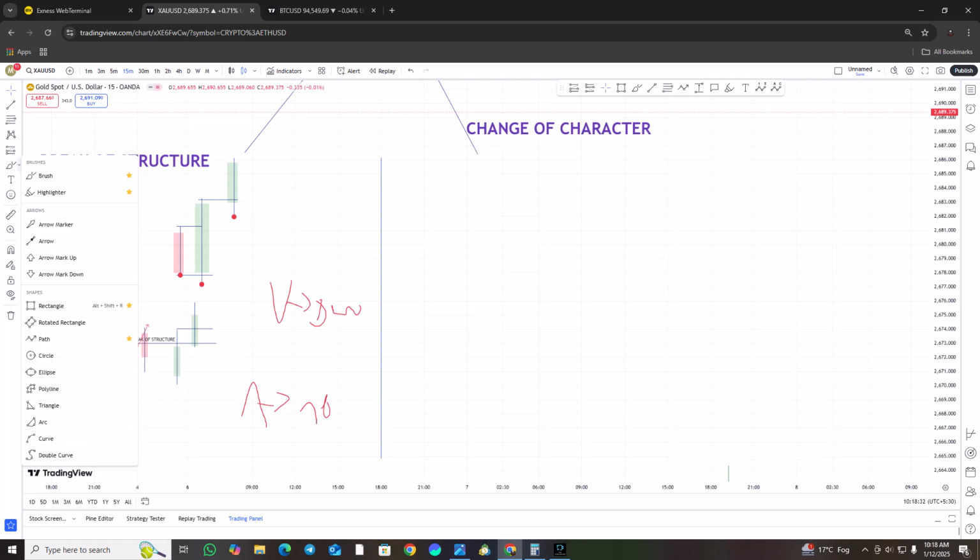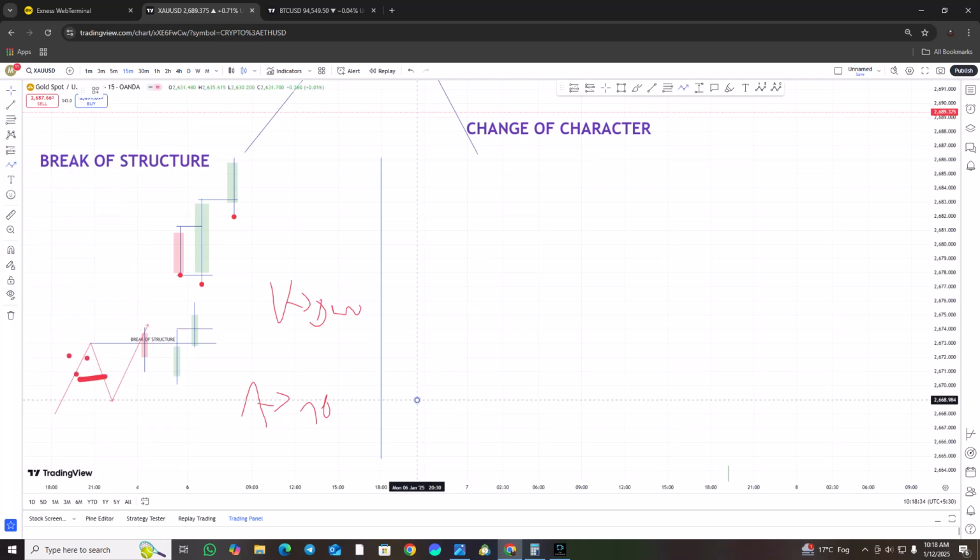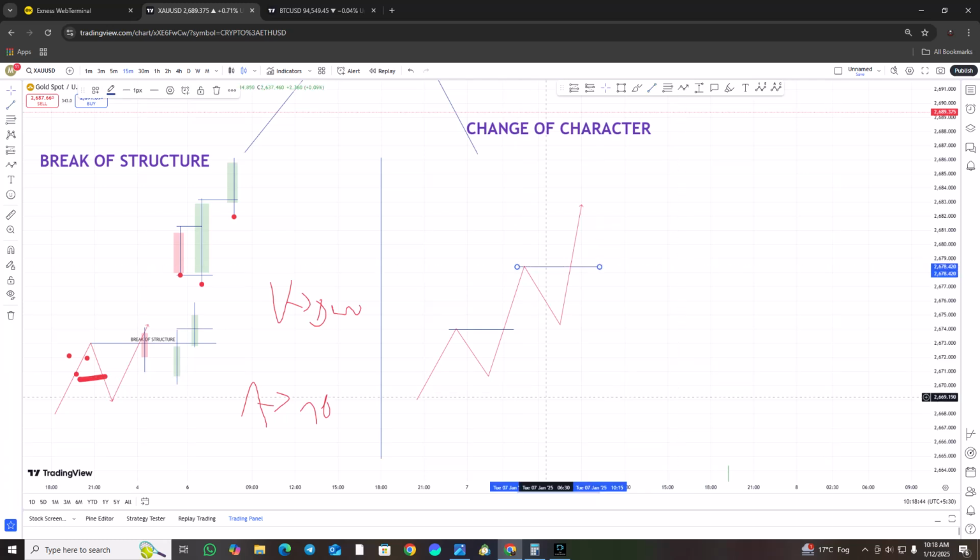You know, see, we have a momentum over here, which is break of structure. Market is going upward. Okay, we got break of structure, break of structure. And suddenly the market shifts its momentum. From going to the top, the market is coming down.